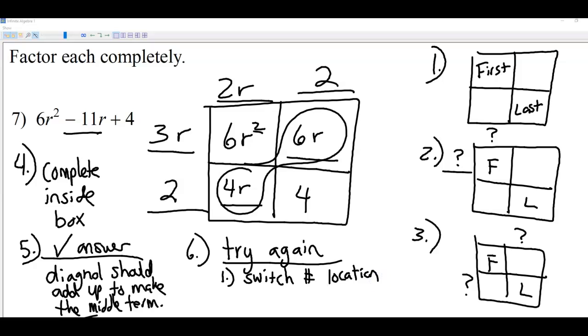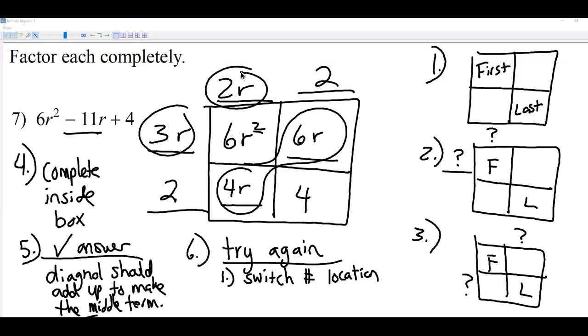If I switch this, what I mean is I would take these two numbers and swap them. But is that going to matter here? No, because they're both 2. So there's no point in that. But we could switch these ones. I still don't think that's going to matter, though. You're still going to get the same thing. But you should try that first.